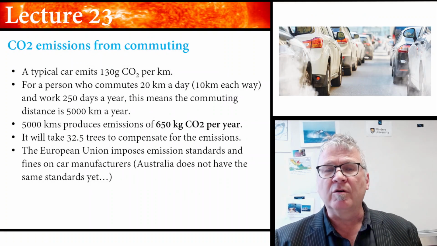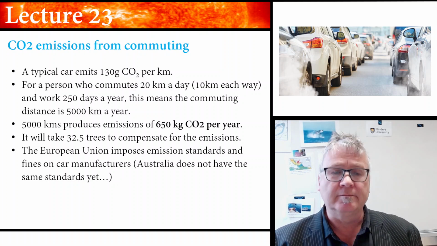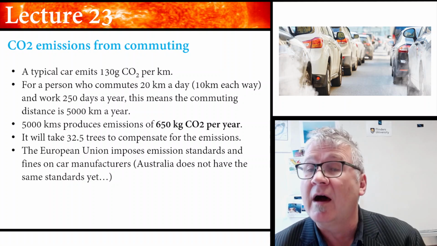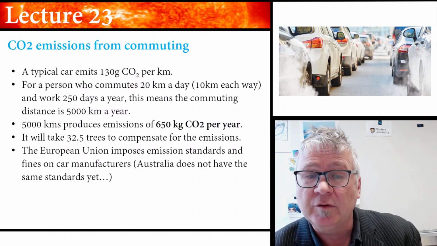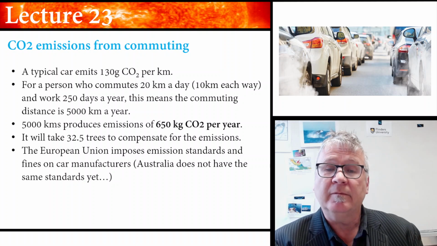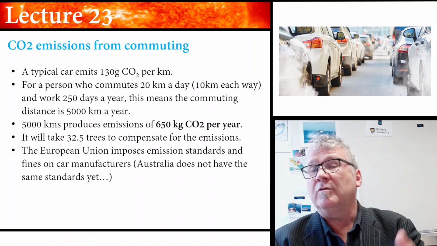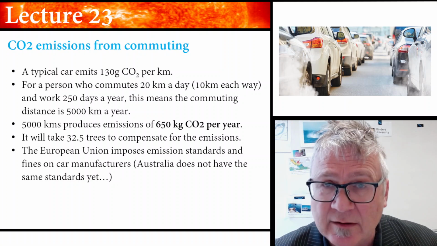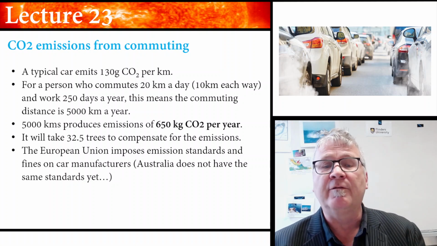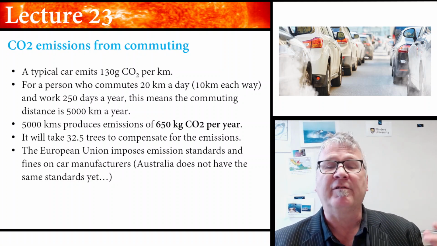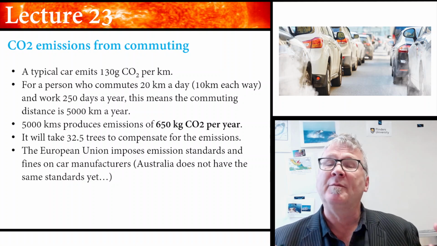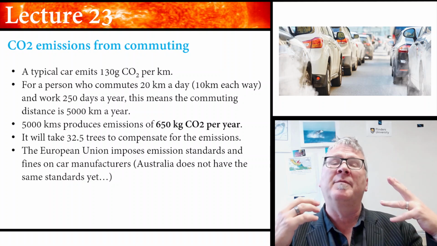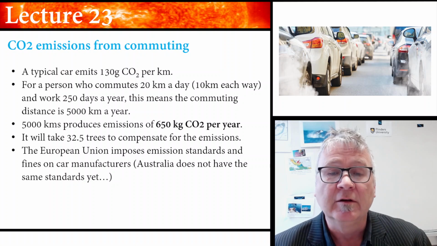So now we have a look at commuting. You're using a car, coming to uni. Say you live 10 kilometers away from this university. So you travel 20 kilometers a day, and a typical car emits 130 grams of CO2 per kilometer.